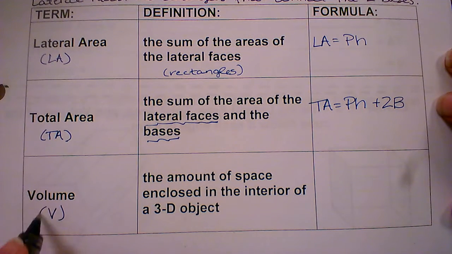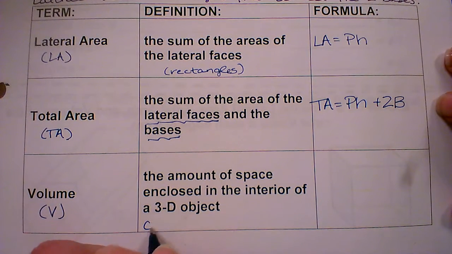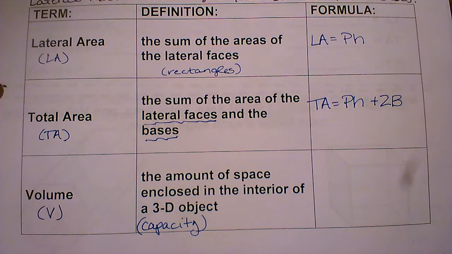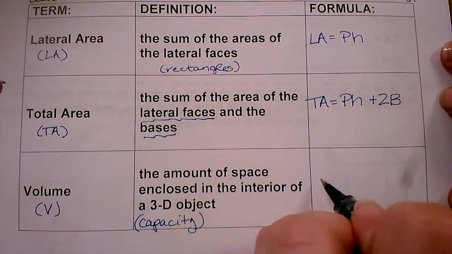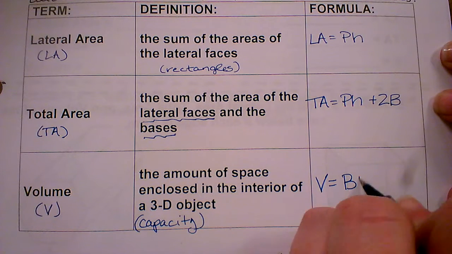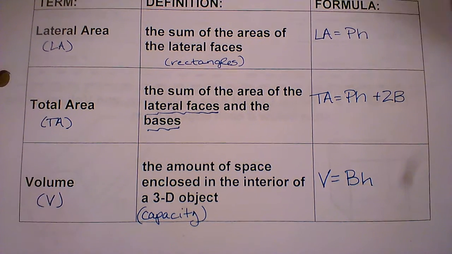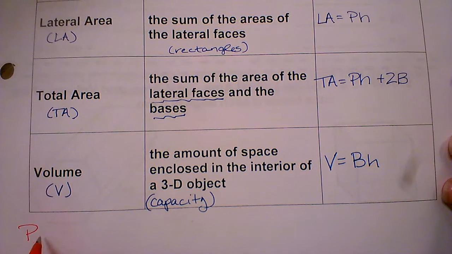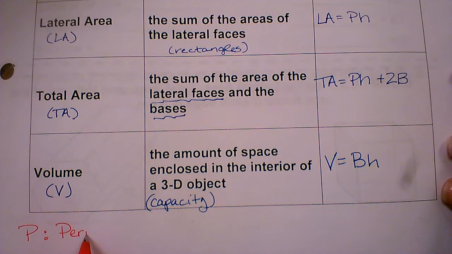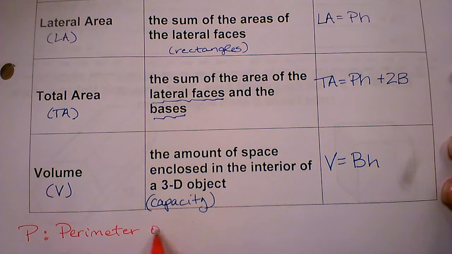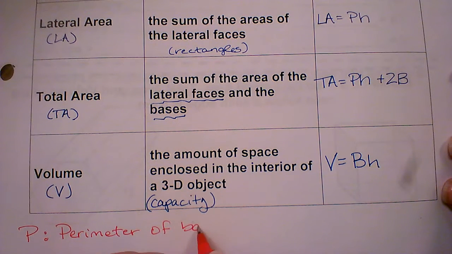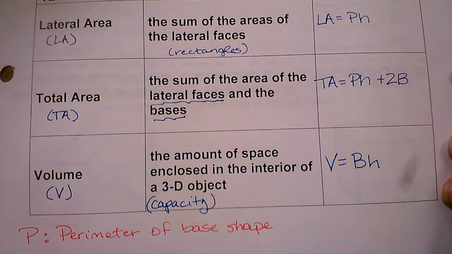Volume we'll abbreviate as V. Remember, this is your capacity, how much that object can hold in it, and the volume is equal to B times H. So now let's talk about what those letters stand for. P is the perimeter of the base shape, whether it be a triangle, a trapezoid, a rectangle, whatever.